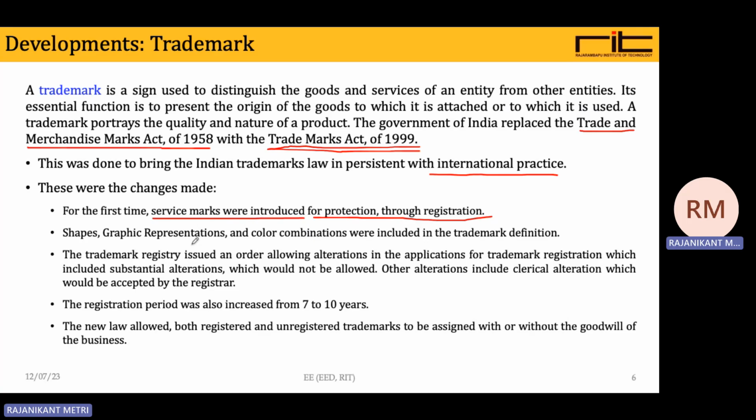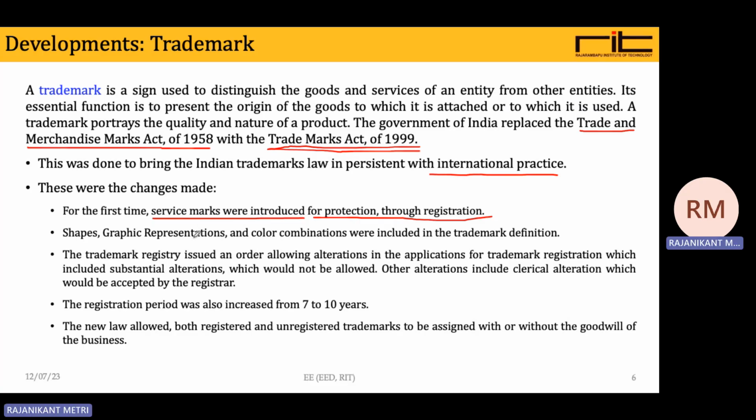Then shapes, graphic representations, and color combinations were included in the trademark definition. We have seen examples in the previous session that trademarks may have some shapes or some colors. Orange, I think we have seen in the last session.